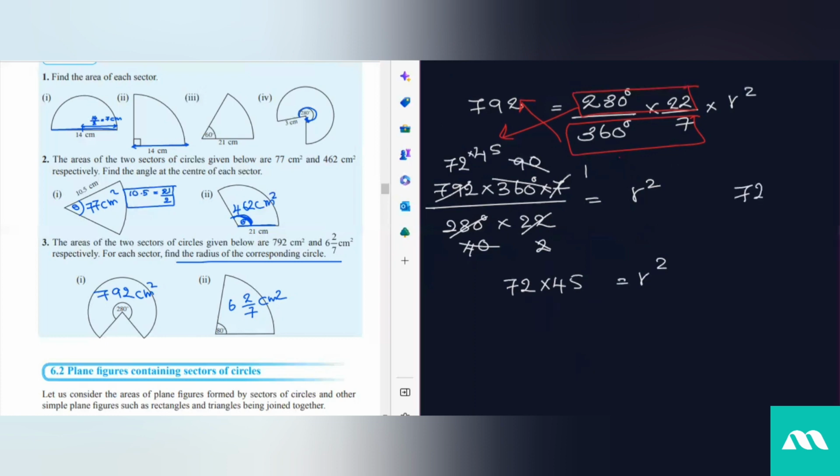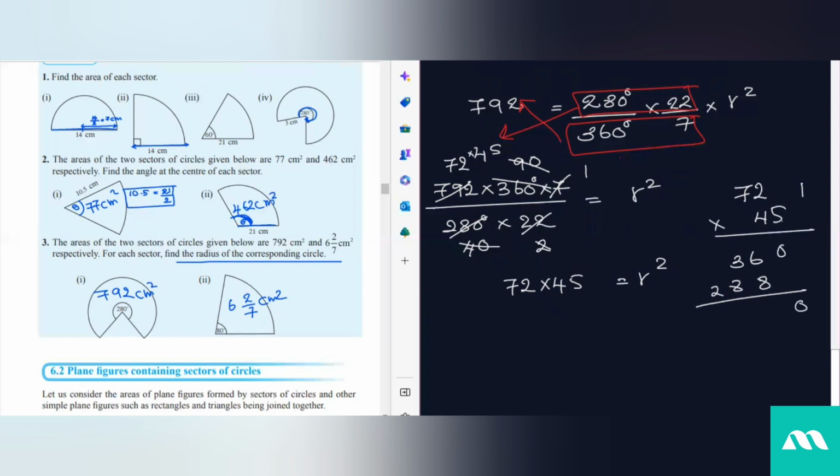72 multiplied by 45. 5 times 2, 10, 1 remaining. 5 times 7, 35 plus 1, 36. 4 times 2 is 8. 4 times 7 is 28. 0, then 6 plus 8 is 14, 1 remaining, so it is 3240. 3240 equals r square.